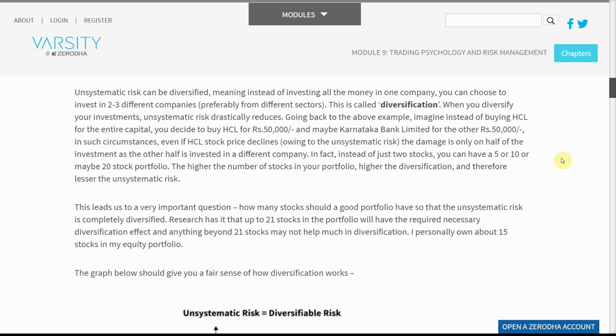In fact, instead of just 2 stocks, you can have a 5 or 10 or maybe 20 stock portfolio. The higher the number of stocks in your portfolio, higher the diversification, and therefore lesser the unsystematic risk.